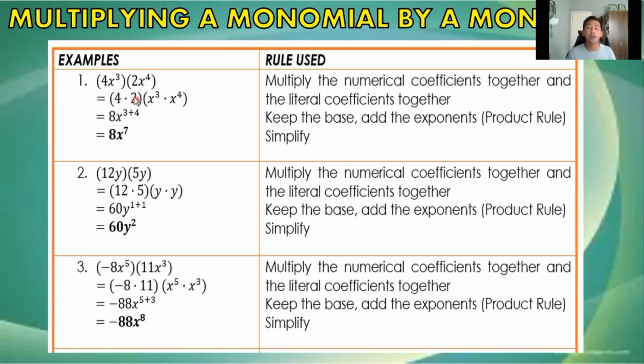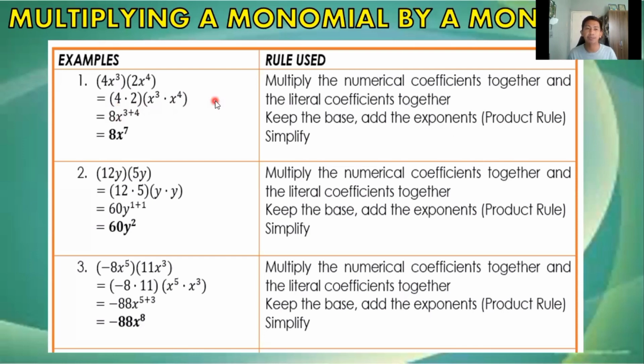Applying one of the laws of exponents, that is the product rule, you multiply together the numerical coefficients. 4 times 2 will give you a product of 8. And then applying the product rule, same base, what will you do with the exponent? You have to add the exponents. Keep the base, that is the x variable, and add the exponents.